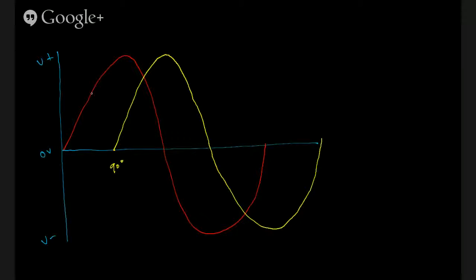Same amplitude, just delayed by a quarter of a period. And these are out of phase. I forget what the symbol for phase difference is. I have the feeling it's phi.